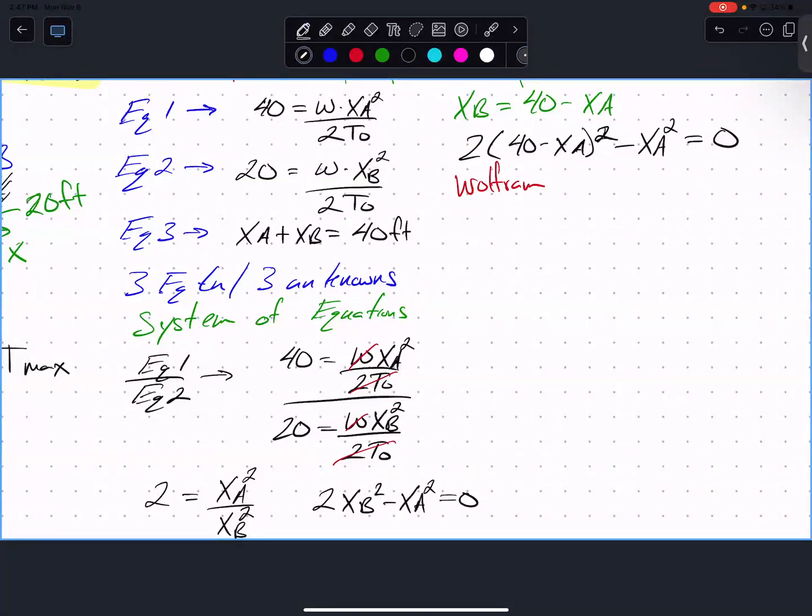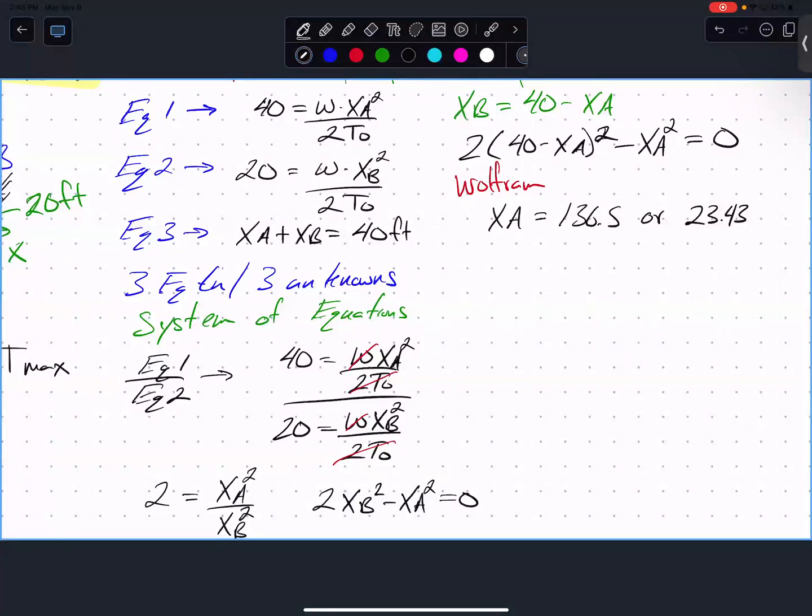When I did Wolfram, I found two values for xa. I found xa was 136.5 and 23.43. Yes? Back when you had 2 equal to xa squared divided by xb squared, why don't you take the square root of both sides, so you don't have to use a solve function and don't have to deal with squares?